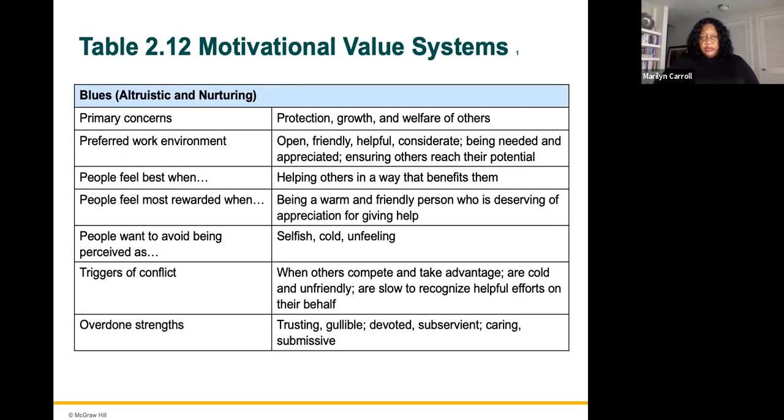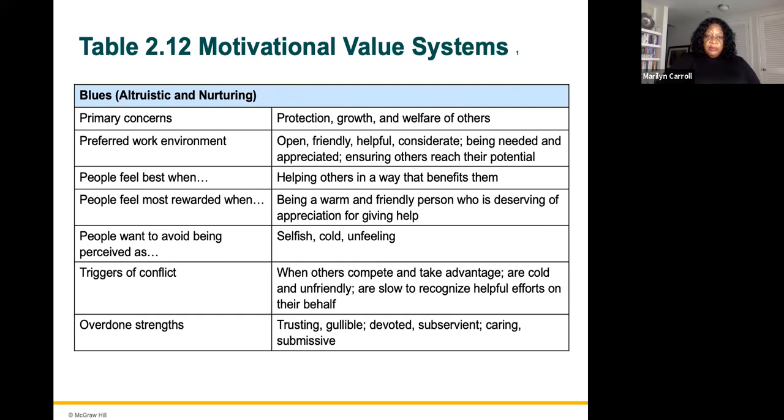Blues, we see on 2.12, primary concerns are protection, growth, and welfare of others. Preferred work environment: open, friendly, helpful, considerate, being needed and appreciated, ensuring others reach their potential. People feel best when helping others in a way that benefits them.